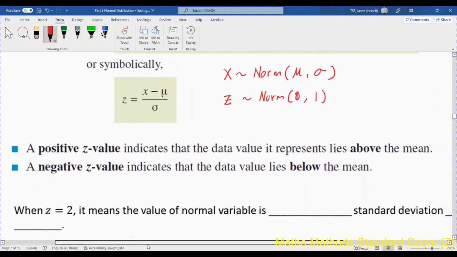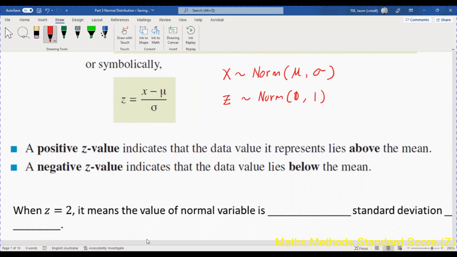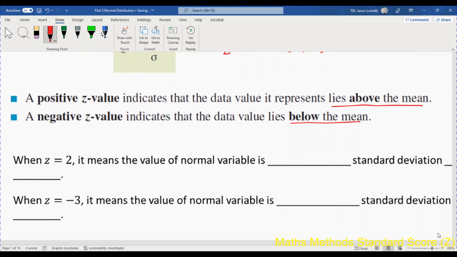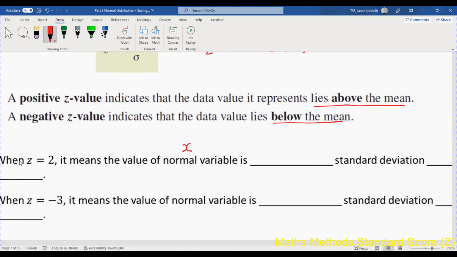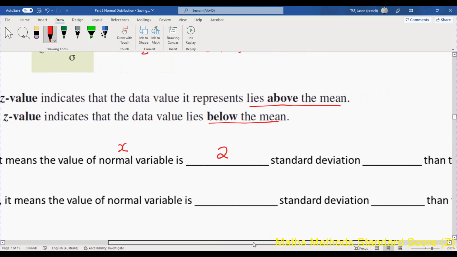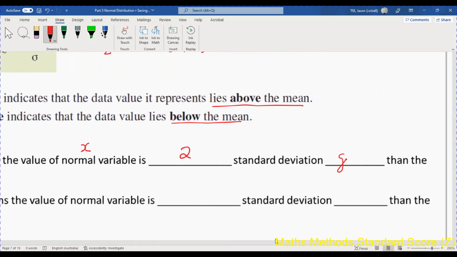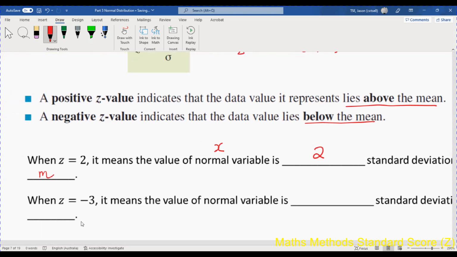Okay, so here's a very important idea. A positive z value indicates that the data value represented lies above the mean. A negative value, of course, is below the mean. Let's say when z equals 2, it means the value of the normal variable, that means x, is 2 standard deviations, and because it's positive, it's greater than the mean.